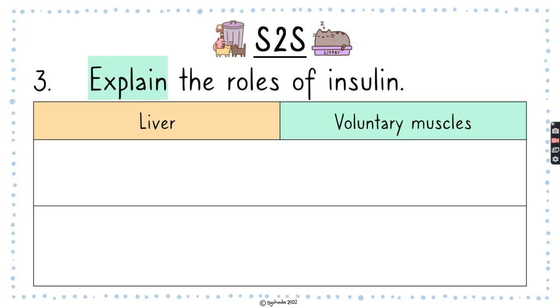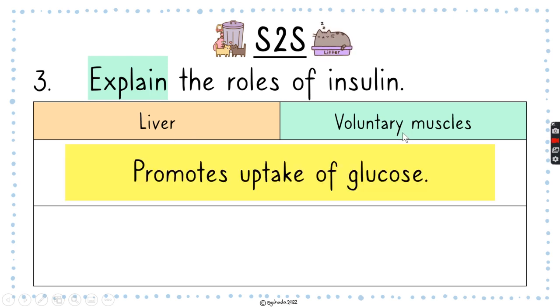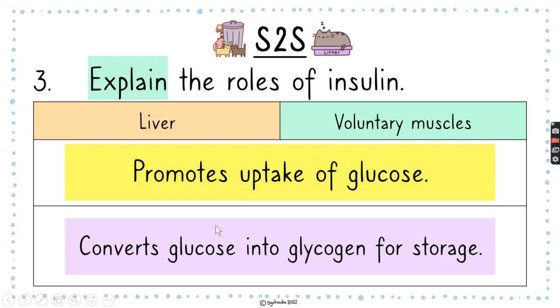Now let's explain the role of insulin. There are two target organs for insulin, which are the liver and the voluntary muscles. Insulin promotes the uptake of glucose in both the liver and voluntary muscle, and also promotes the conversion of glucose into glycogen for storage.